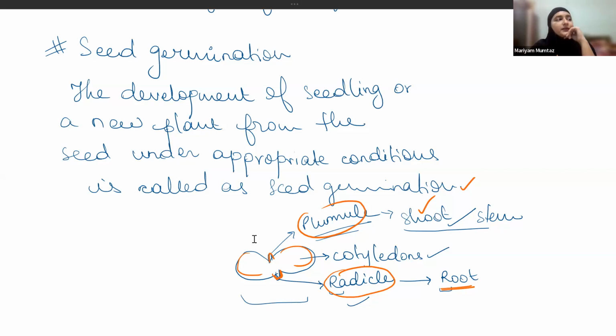So today we have completed the whole sexual reproduction in flowering plants. My question to everybody is: do non-flowering plants also reproduce?